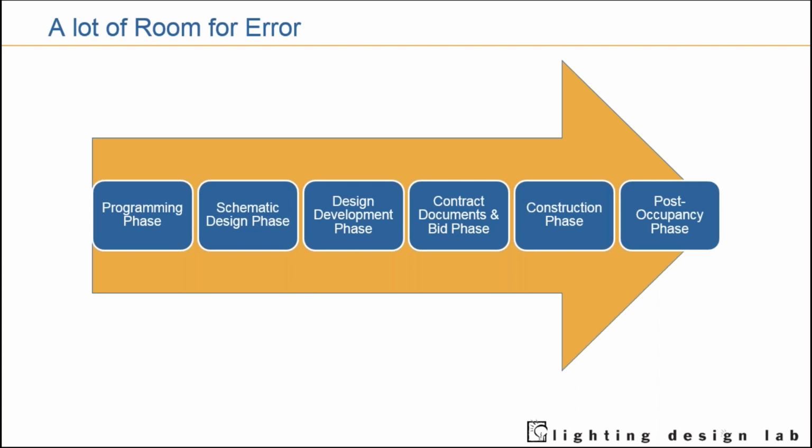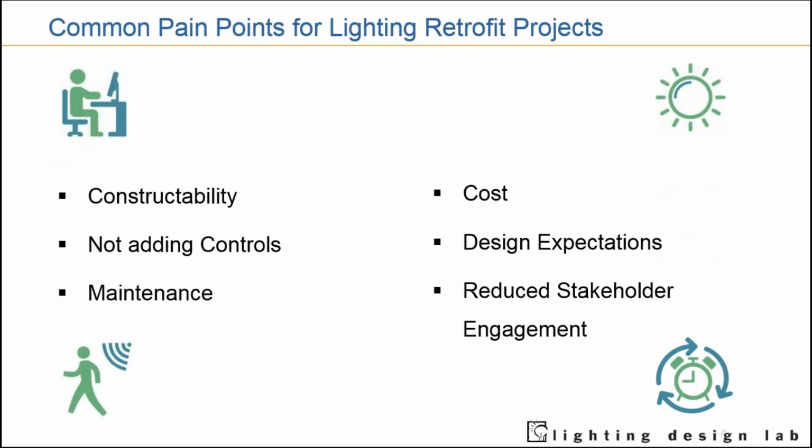Again, a lot of room for error. And Dan, Shawn, and I sat down. We were talking about, what are some of these common pain points where you can get obstacles or get tripped up on projects? What are these common themes where if you're not proactively thinking about these, the project can more surely fail?